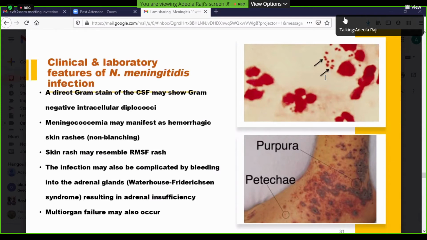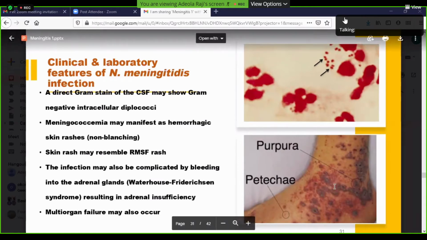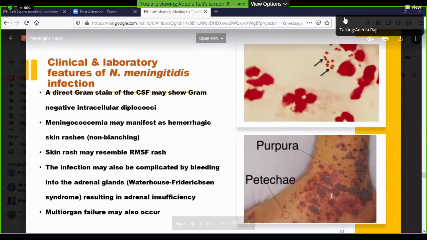Or at times, it could be a CNS infection right from the beginning, and then you now have dissemination into the bloodstream. So when you have that, we refer to that as meningococcemia, and it may manifest as hemorrhagic, non-blanching skin rashes, as shown in the second picture here.